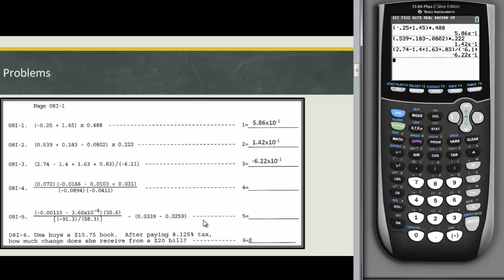On number 4 here, like I mentioned earlier, we want to go ahead and solve everything on the numerator first and then the denominator second. Reason being because in math, everything solves from left to right.